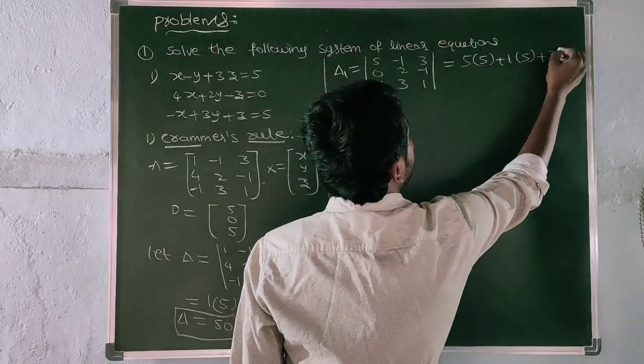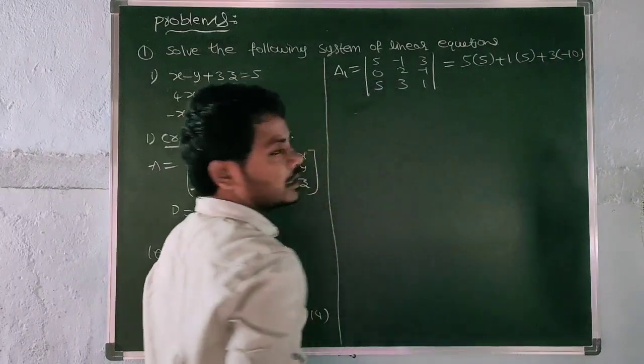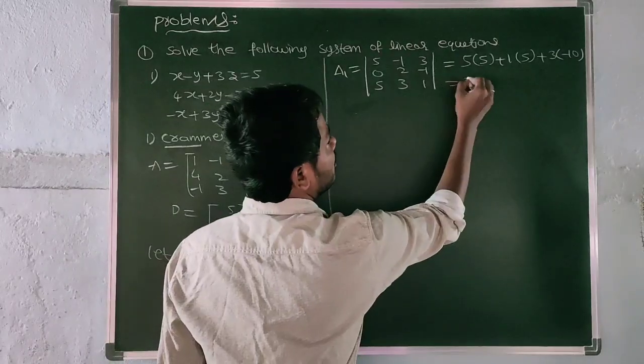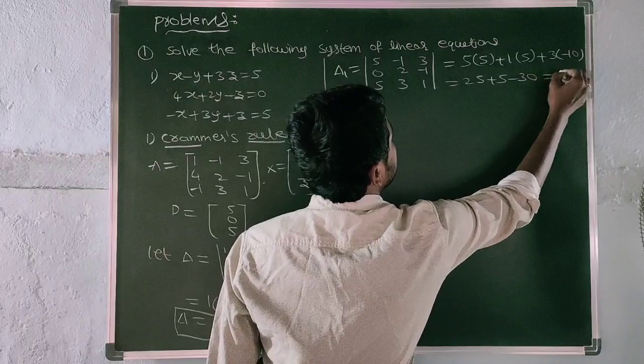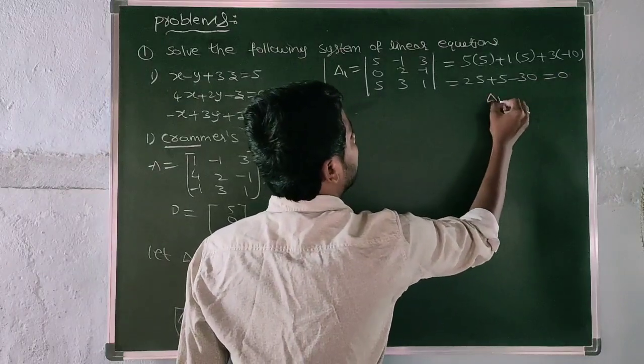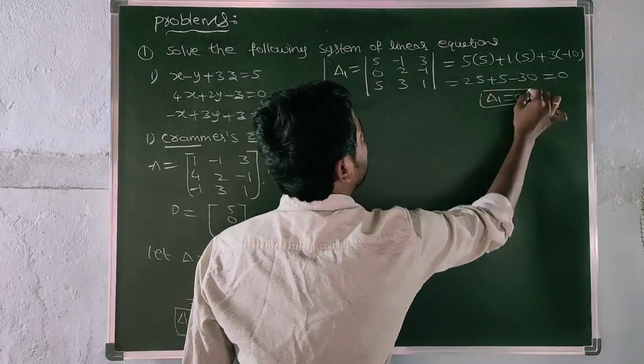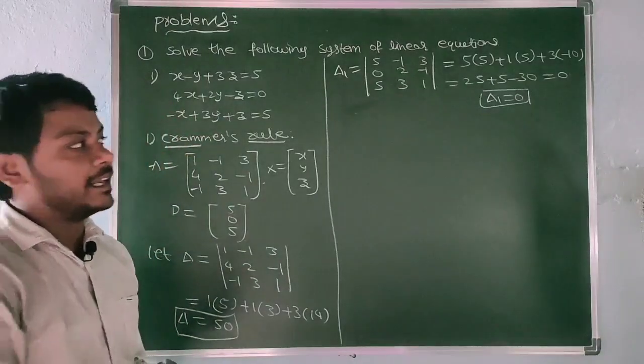Next plus 3 into minus 10. So this is 25 plus 5 minus 30. This is 0. Therefore delta 1 is what? 0.